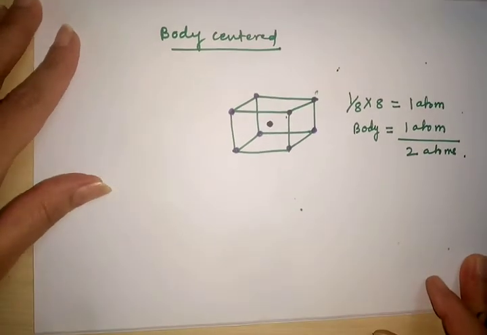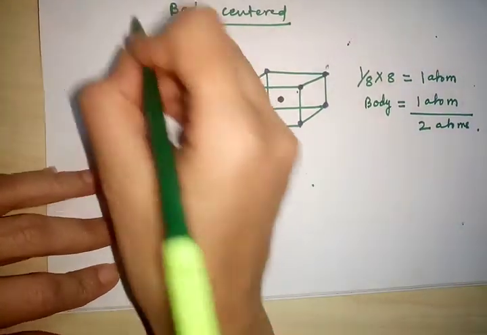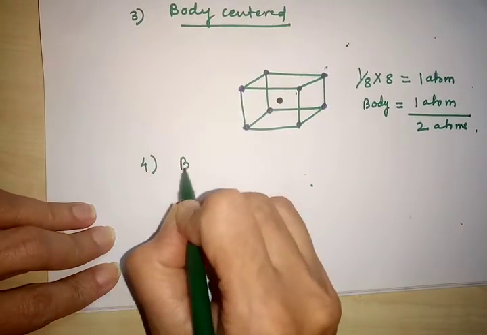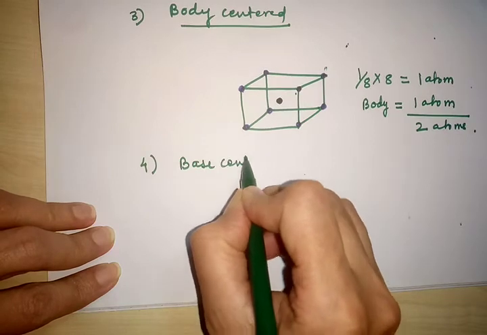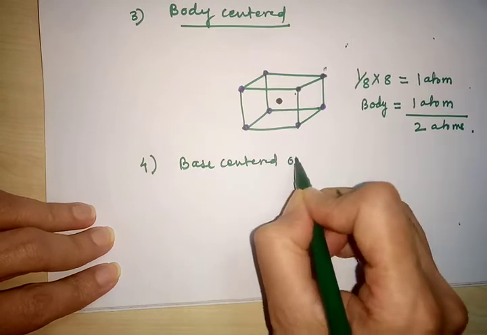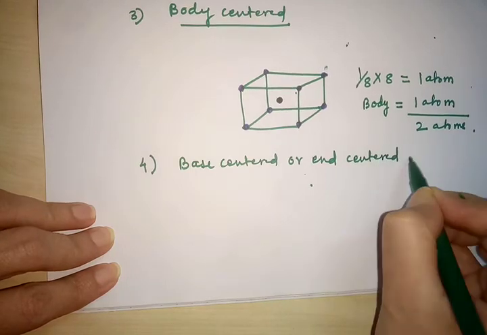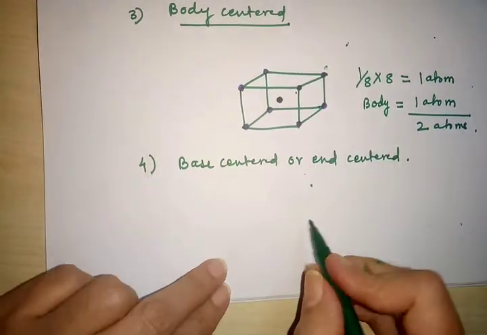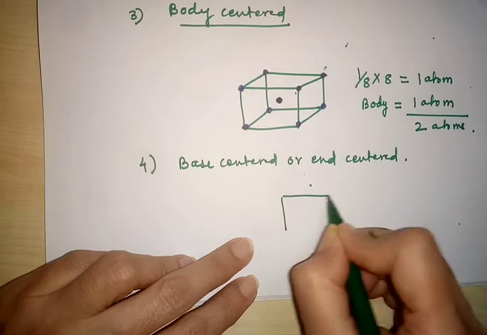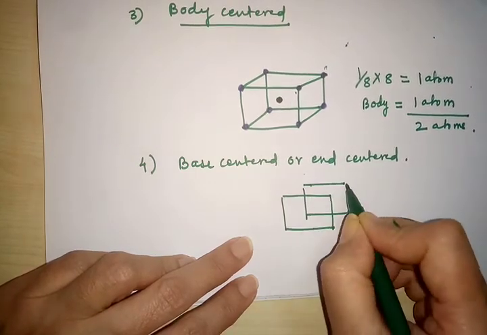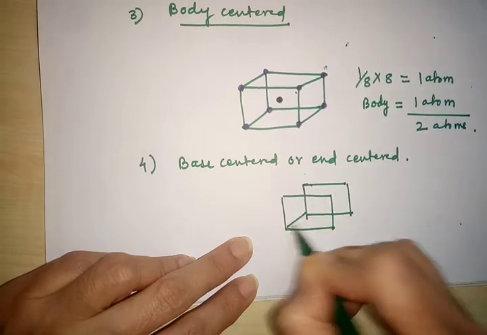Now the last, that is the 4th type, you can write for the 4th one, that is base centered, or it can also be called end centered. So for this end centered, draw the unit cell again. This is the way you try to draw the unit cell.